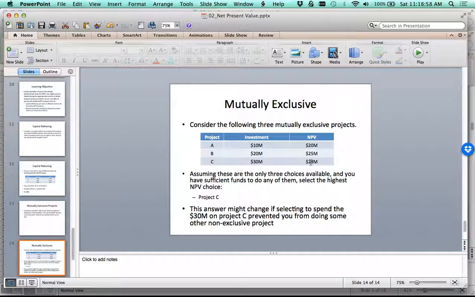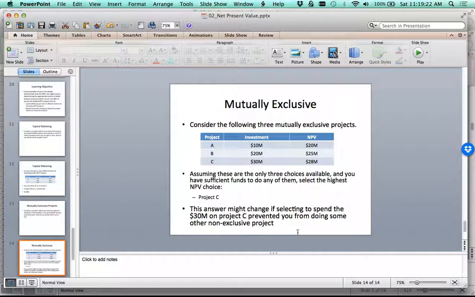The key here is this is a set of mutually exclusive projects, meaning if I do A, I can't do B or C. If I do B, I can't do A or C. So that's the deal. Now, the caveat to this is if we were going to spend the 30 million on project C, and that prevents you from doing some other project.